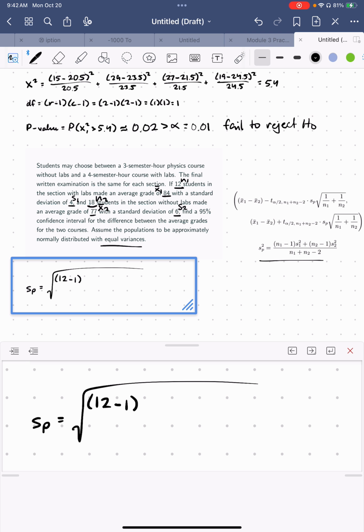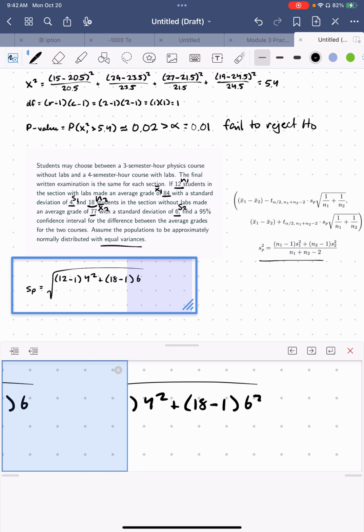And then we have S1 squared, so that's 4 squared, plus N2, which is 18 minus 1, and times our S2 squared, so that's 6 squared.